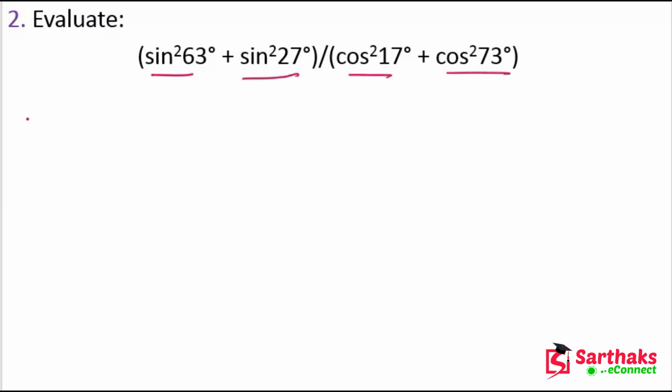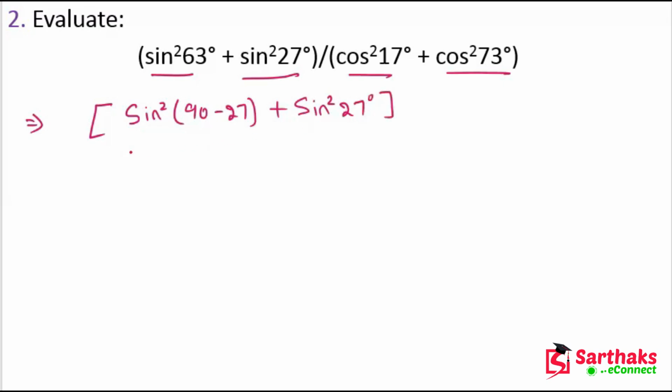Now we can write it as sin square of 90 minus 27 degree, because if we subtract it we get sin 63 degree, plus sin square 27 degree.